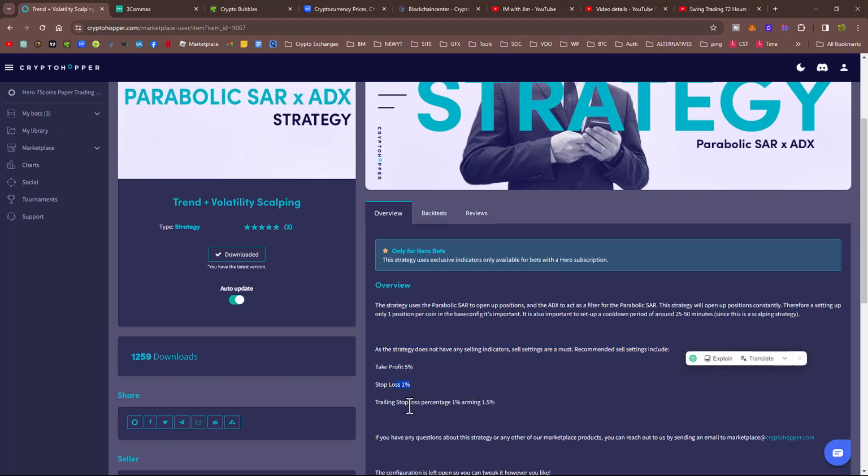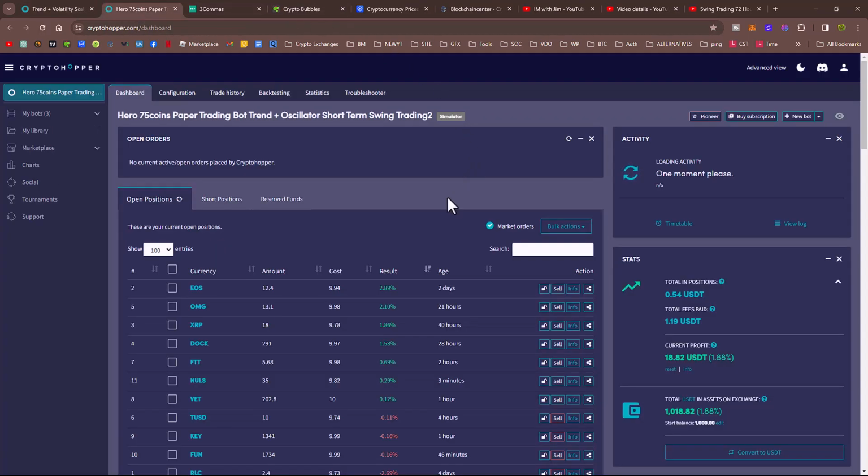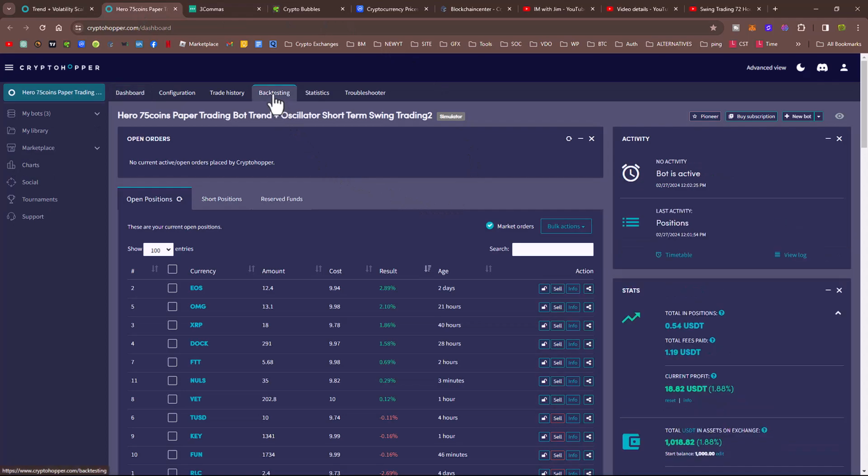So we're going to try one with a stop loss. 1.5% activate trailing stop loss with a 1% drop. Alright, let's remember these things here. Let's open a new tab so I can refer back to this. Alright, backtesting.